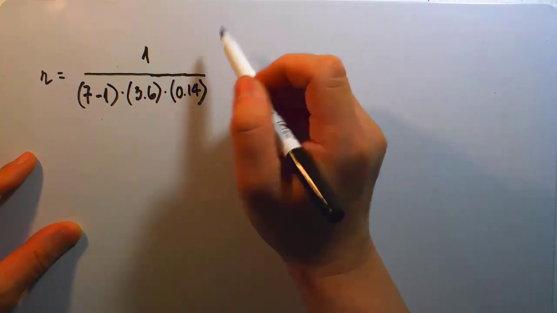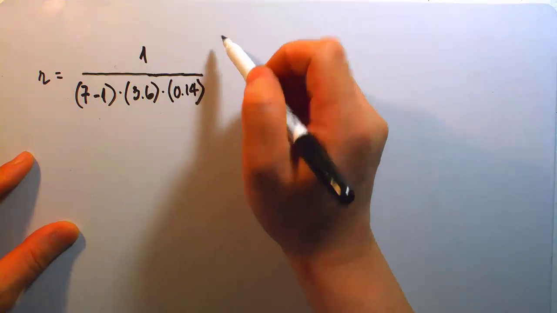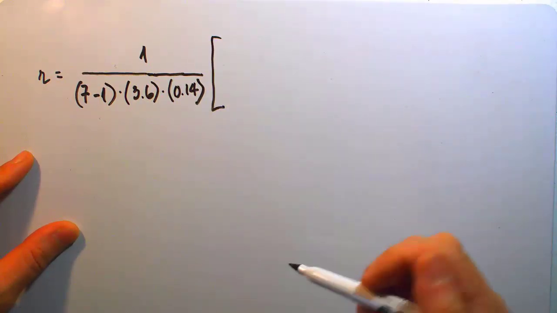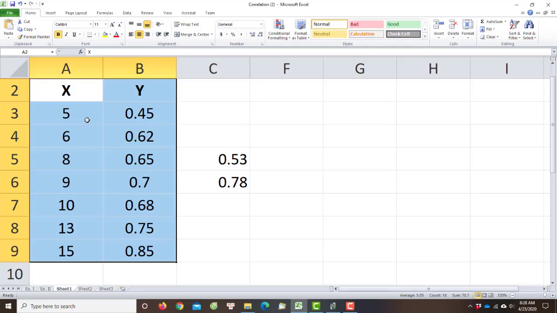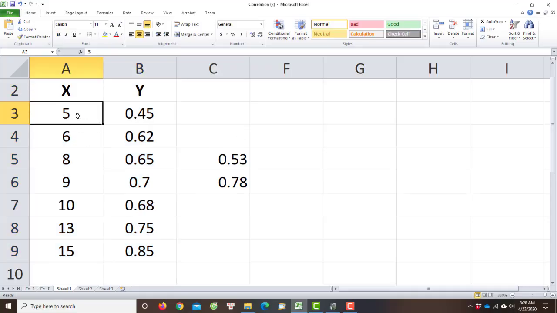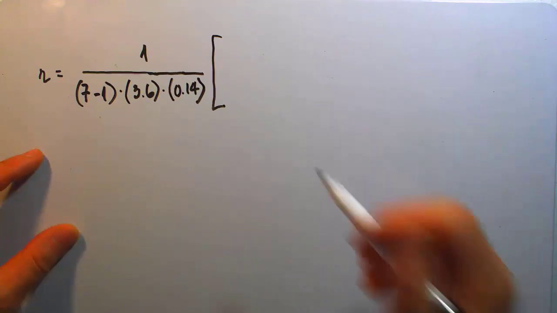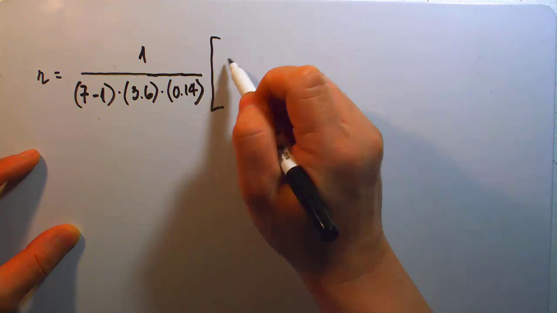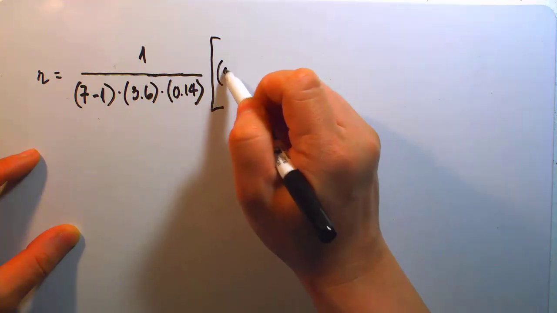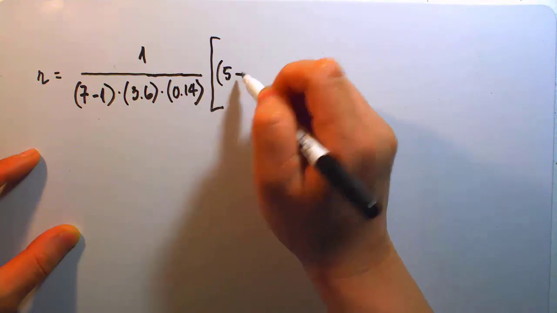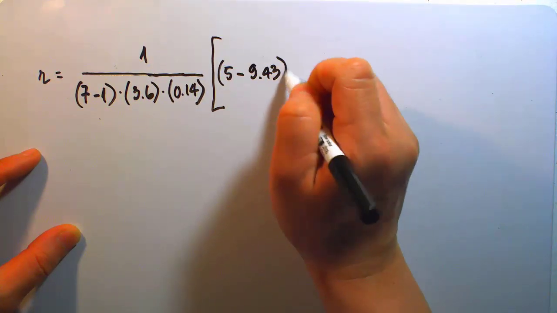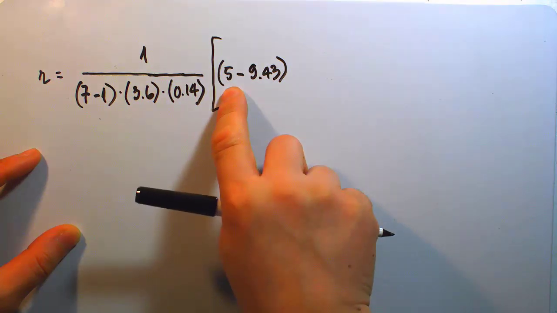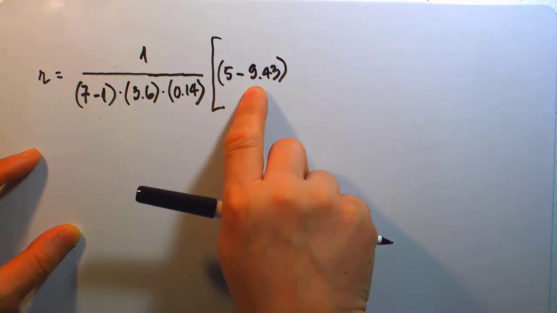Then I'm going to open up a large square bracket. I'm going to go back to my first pair of data. The first pair of data on my screen shows 5 for x and 0.45 for y. So in my formula I'm going to have 5, the x value of the first pair, minus 9.43, the difference between my first x value and the mean value of the x list.